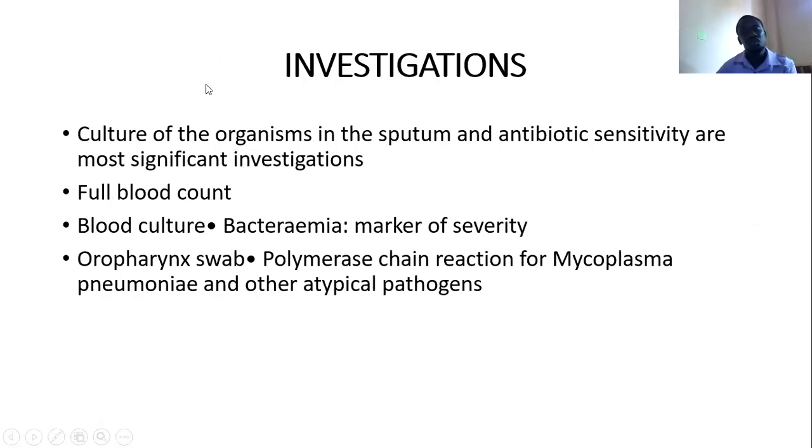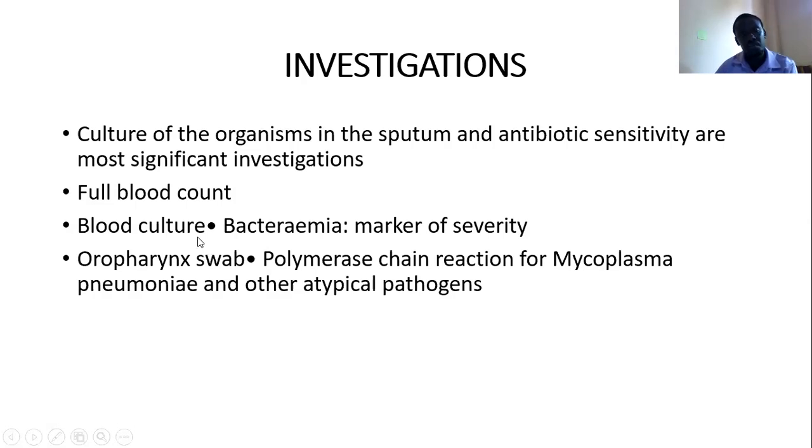Investigations that you're going to do: you may do culture of the sputum, you may do full blood count. Culture of the sputum will reveal the organism that is affecting. Full blood count, you might get elevated neutrophils. Then depending on the stage, you might as well get elevated lymphocytes.